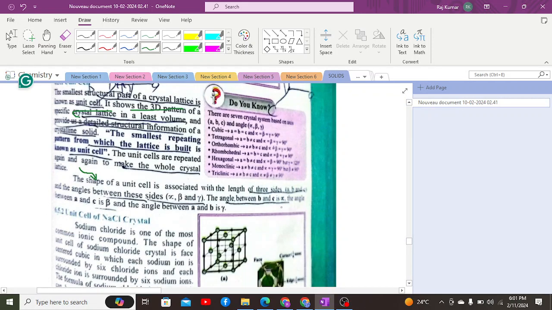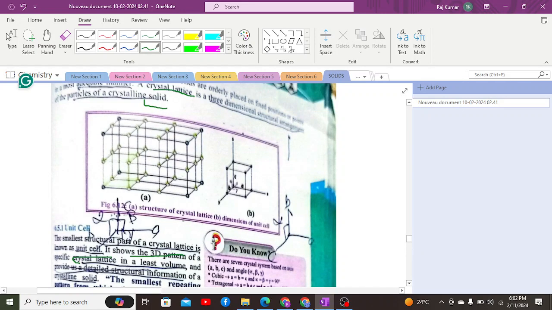There are six parameters. Three of them are lengths, and three of them are angles. Lengths are indicated by a, b, c and angles are represented by alpha, beta, gamma. The angle between b and c is alpha, the angle between a and b is gamma, and the angle between a and c is beta.